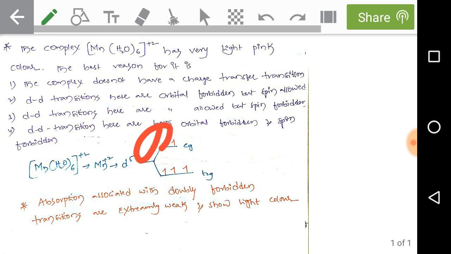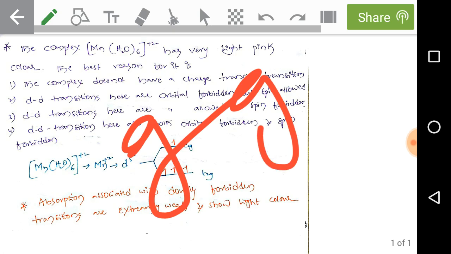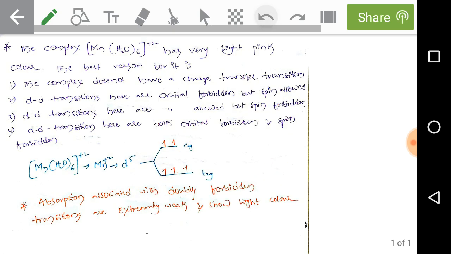Just remember that gerade to ungerade and ungerade to gerade are allowed transitions, whereas gerade to gerade or ungerade to ungerade are forbidden transitions. Just remember that for octahedral complexes g is present, because octahedral complexes contain a center of symmetry, whereas Laporte selection rules do not apply to tetrahedral complexes because they lack a center of symmetry.